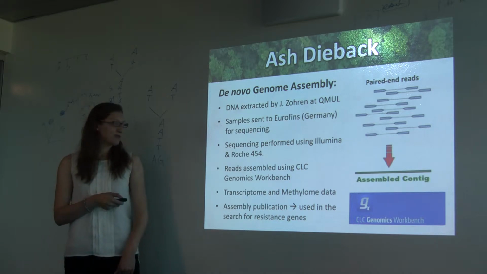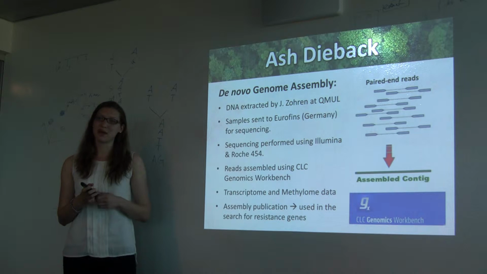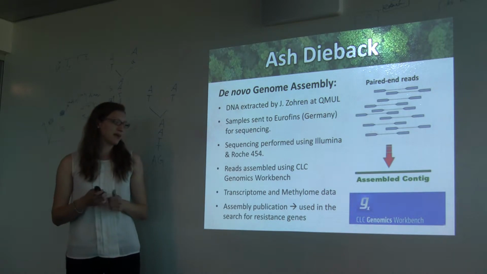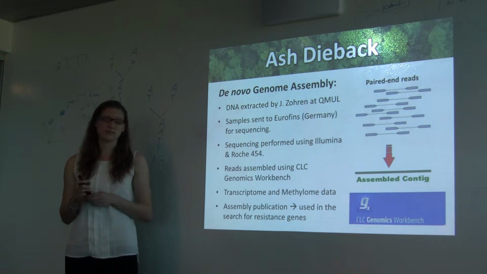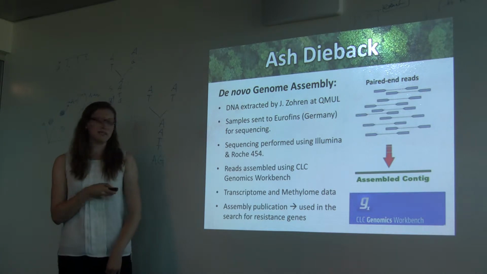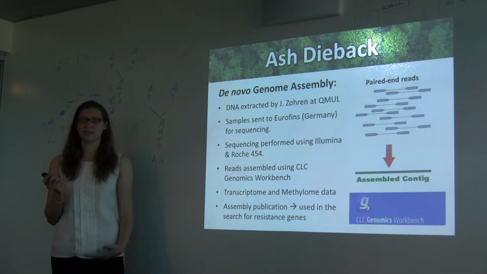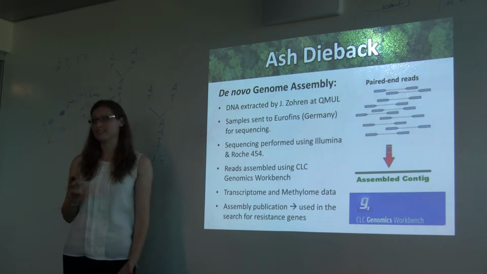And then I have been busy assembling the reads into genome sequence using our own software that we have here, the CLC Genomics Workbench. And we're also getting some transcriptome and also maybe some methylomes, the methylated DNA data, soon as well, so then we can put them all together. And then what we want to achieve is to publish this assembly and all the different types of data, so the scientific community can use it for looking for resistance genes, for example.